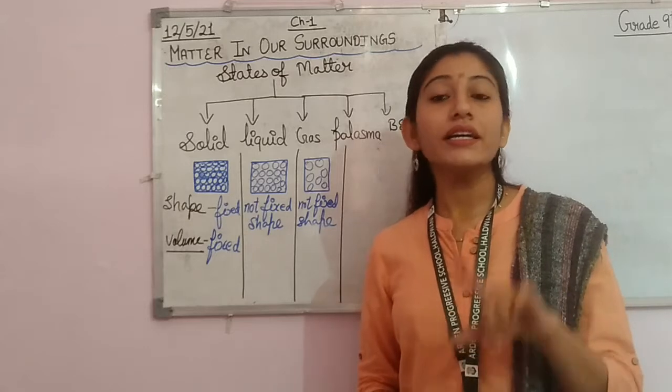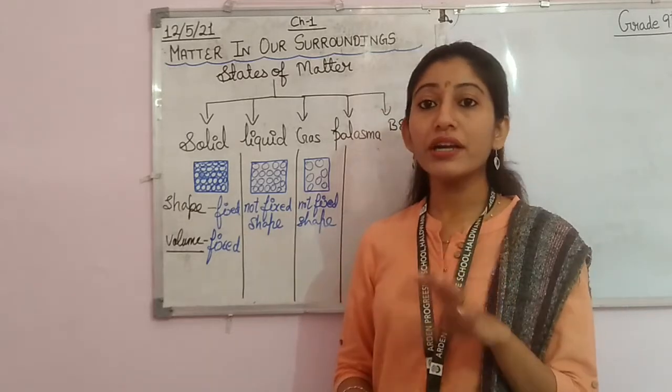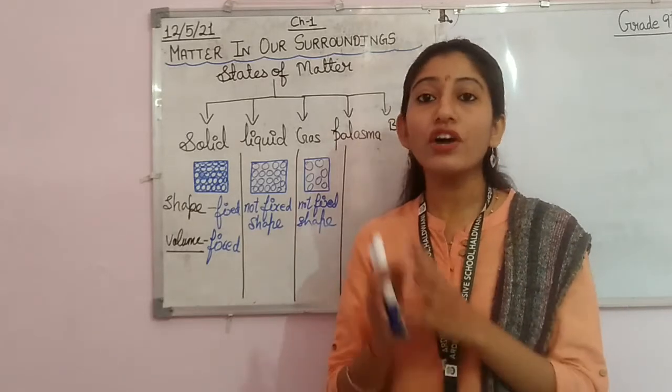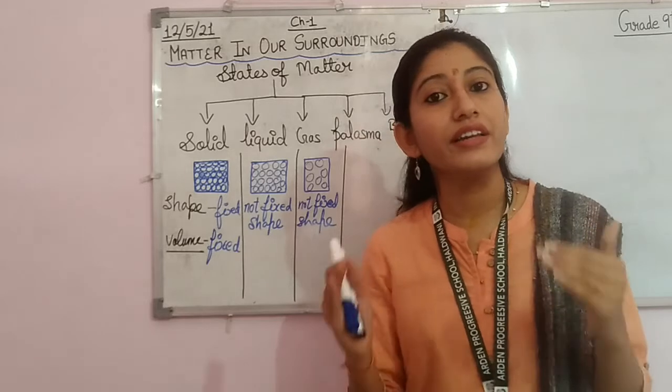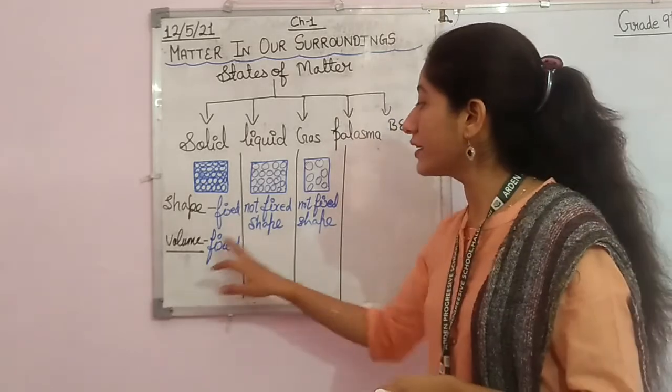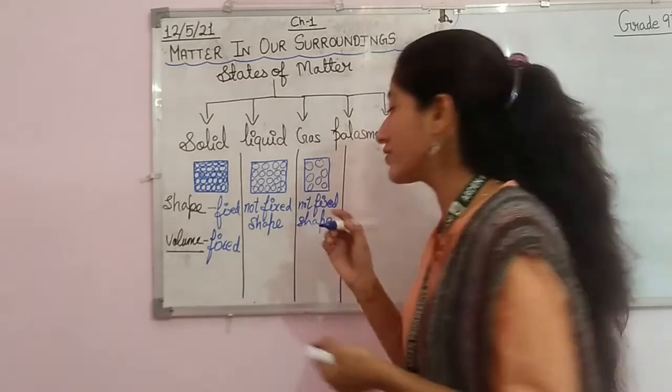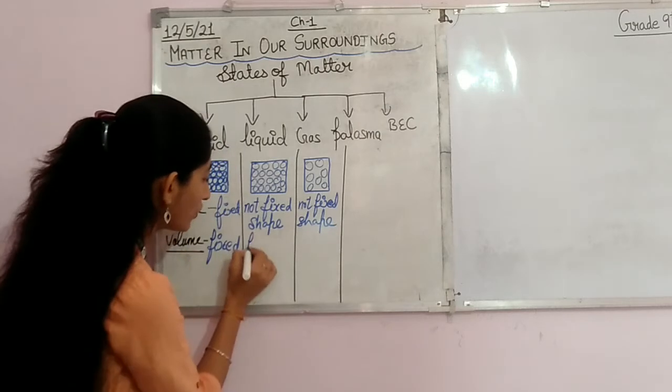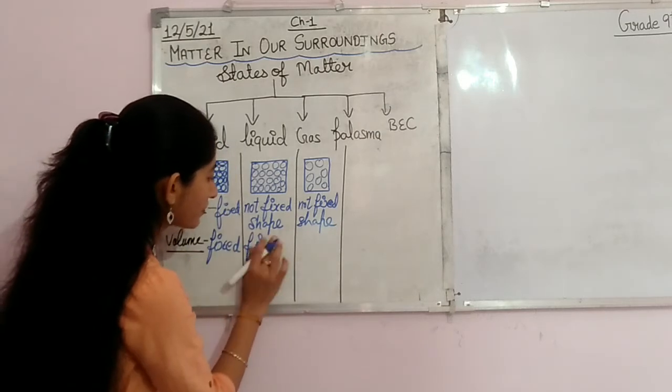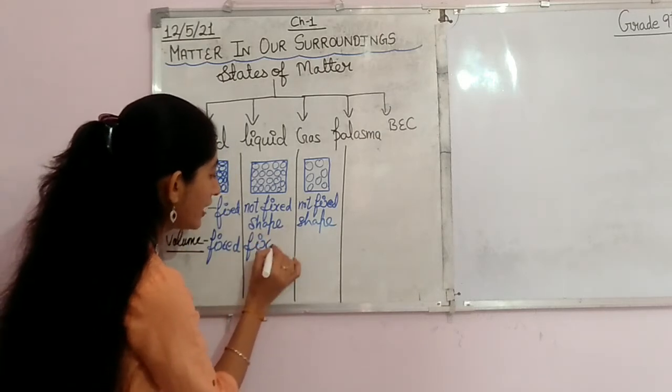Either you put it in a 10 liter or a 5 liter container, the quantity of the liquid will remain 3 liters only. So it is clear that volume is fixed in liquid.